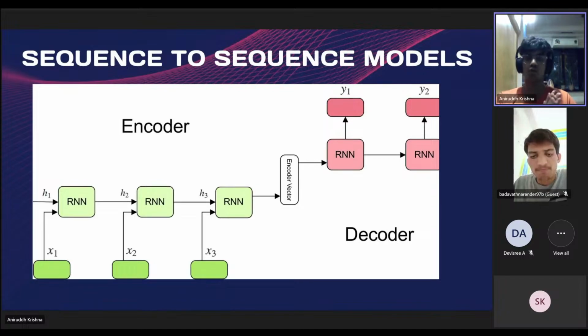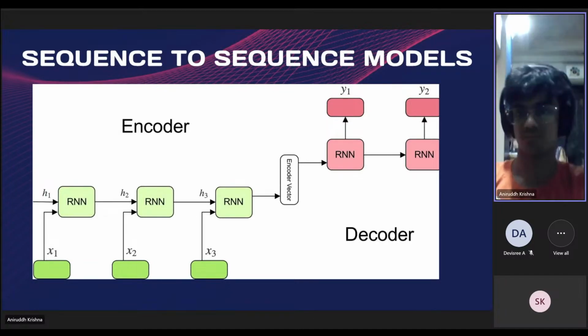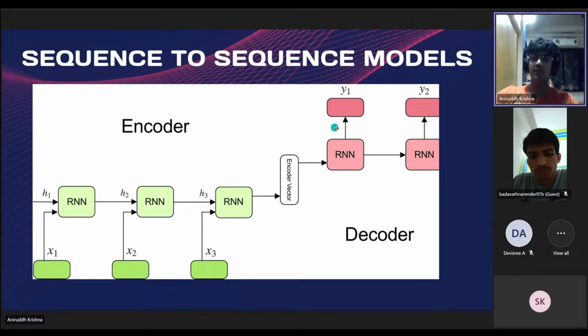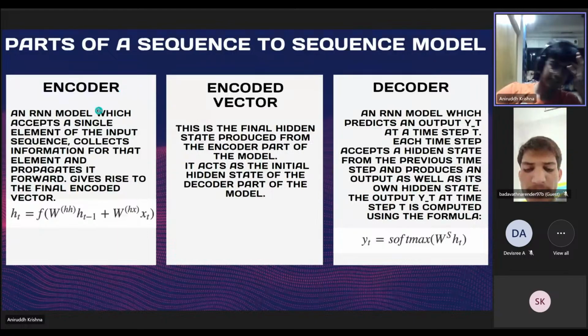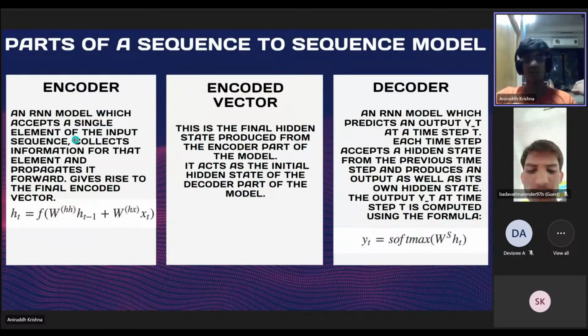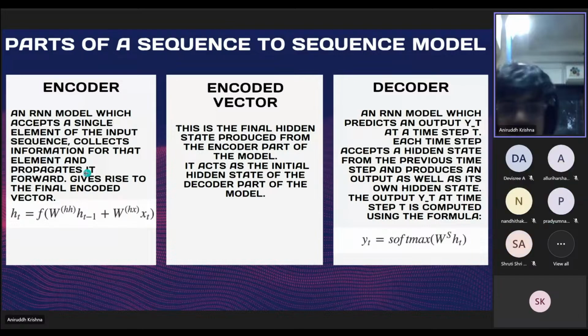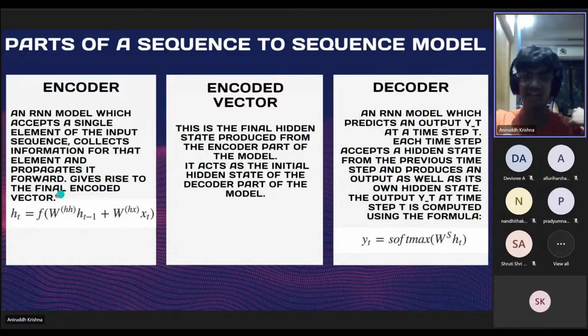And this goes to another LSTM or another RNN model called the decoder. This decoder helps us to gain the output that we want. It converts those numbers back to meaningful words and sentences. That's what encoders and decoders are. So the encoder is an RNN model which accepts a single element of the input sequence, collects information for that element and propagates it forward, giving rise to the final encoded vector, which is the final vector that we get.